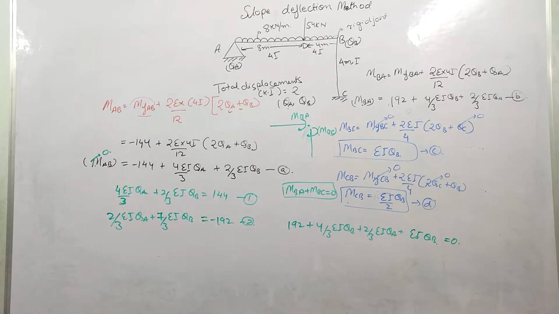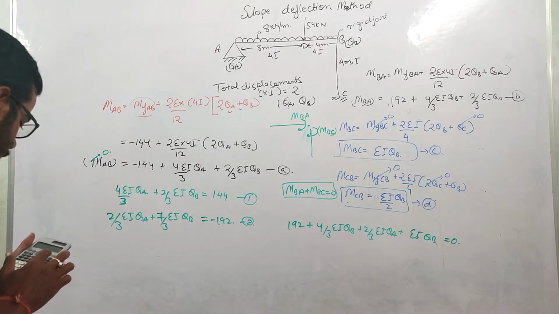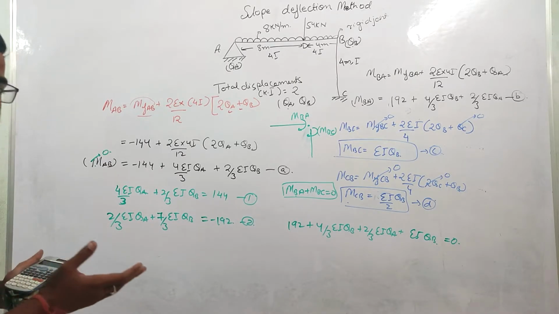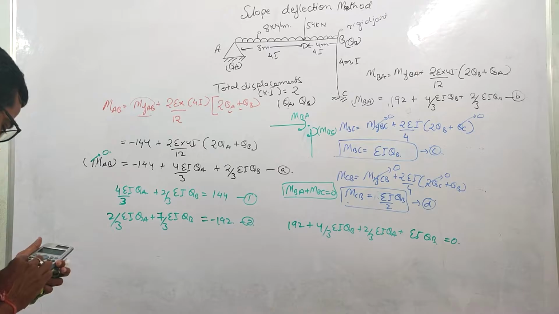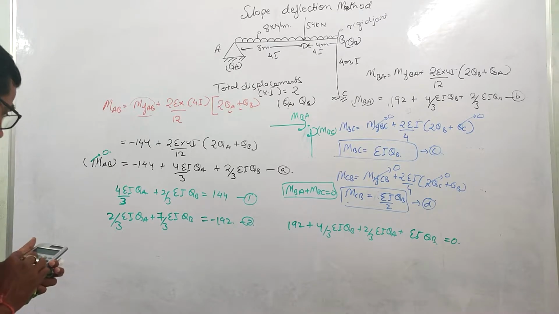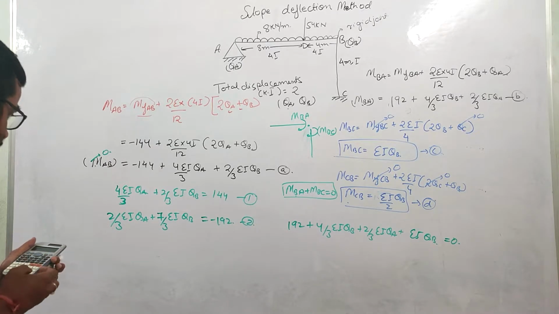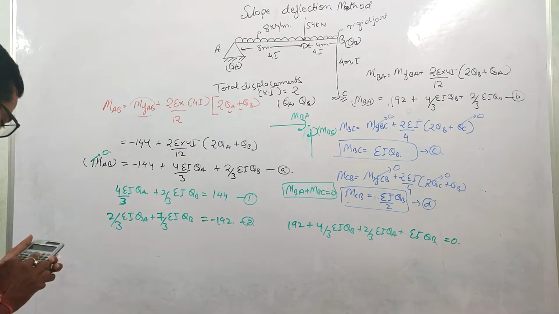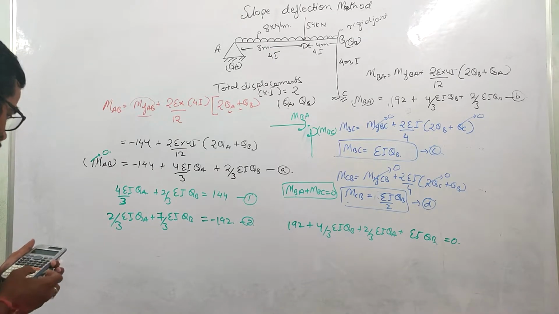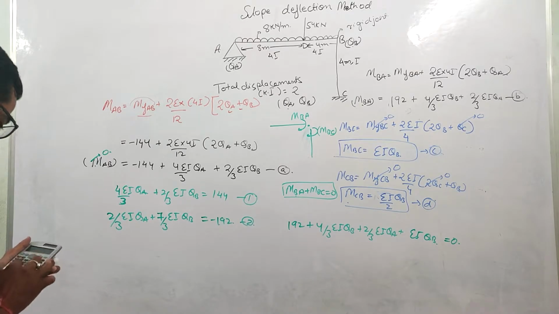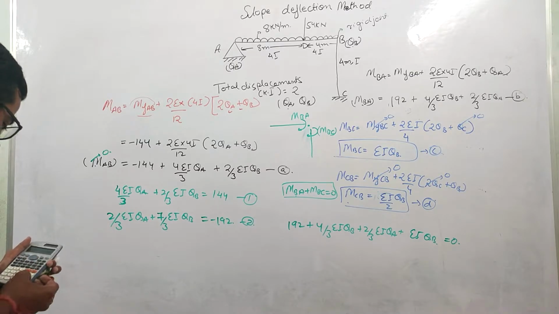I can solve them in the calculator. So A value will be 4 divided by 3, B is 2 divided by 3, C is 144, and E is 2 divided by 3, B is 7 divided by 3, C is minus 192.